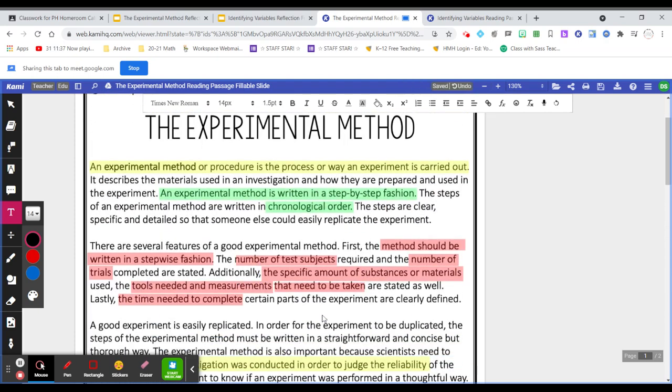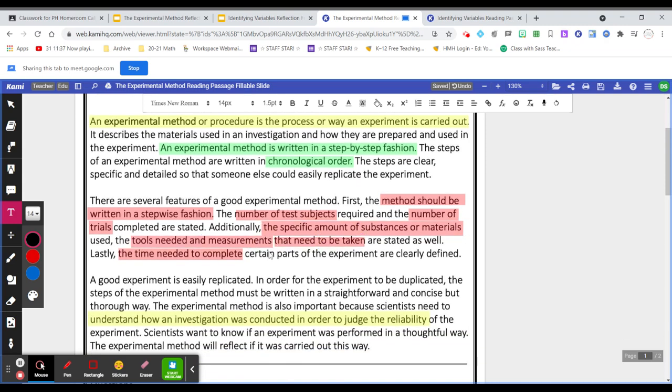What's up? What's not working? Oh no. Oh, you're looking at the different versions.